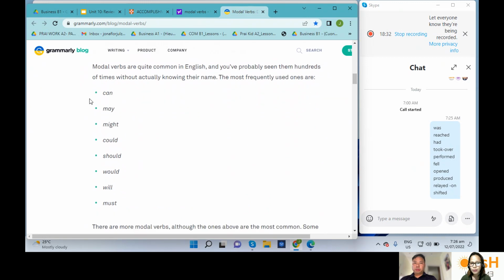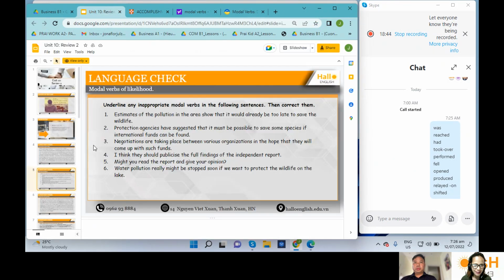Example, the use of can, may, might, could, should, would, will, and must. So now let's answer number one. Let's find where the modal verb is and correct the sentence.